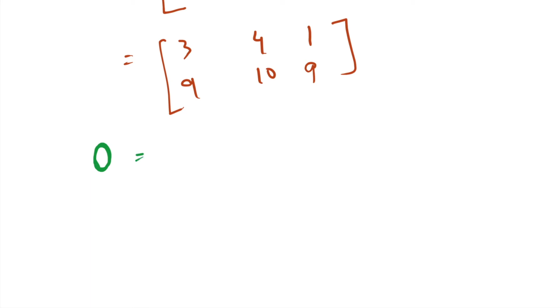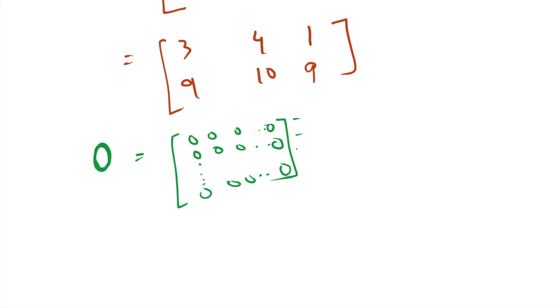It is such a matrix which has m rows and n columns, and all its elements are zeros. So you have 0, 0, 0, 0, 0, 0, with m rows and n columns, and all the elements are 0.